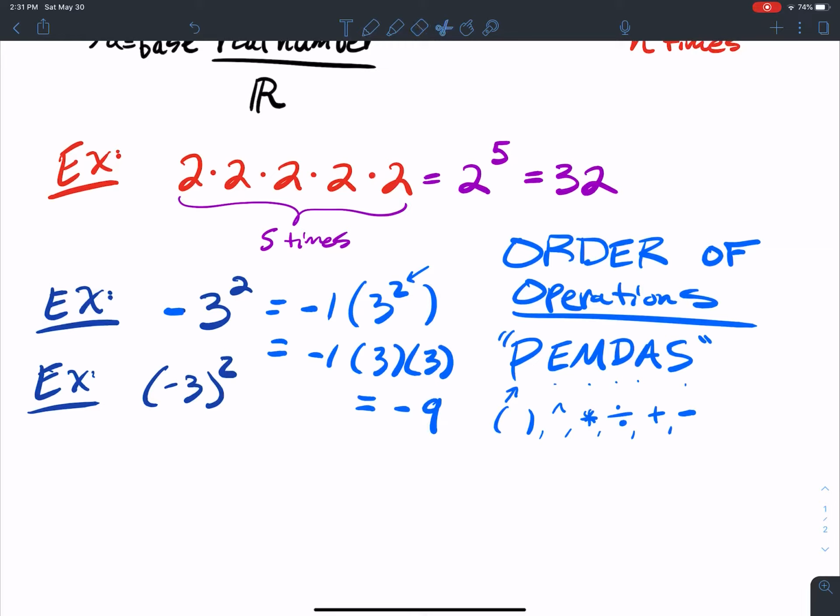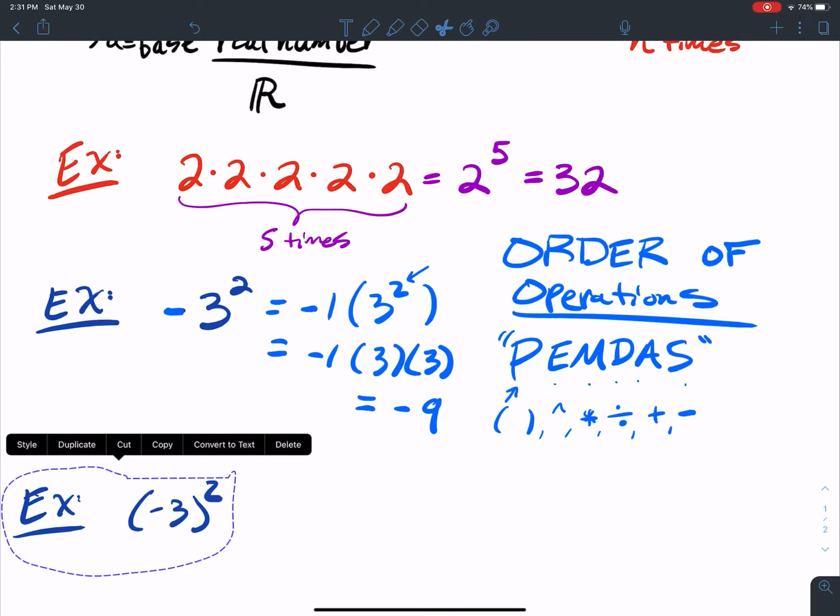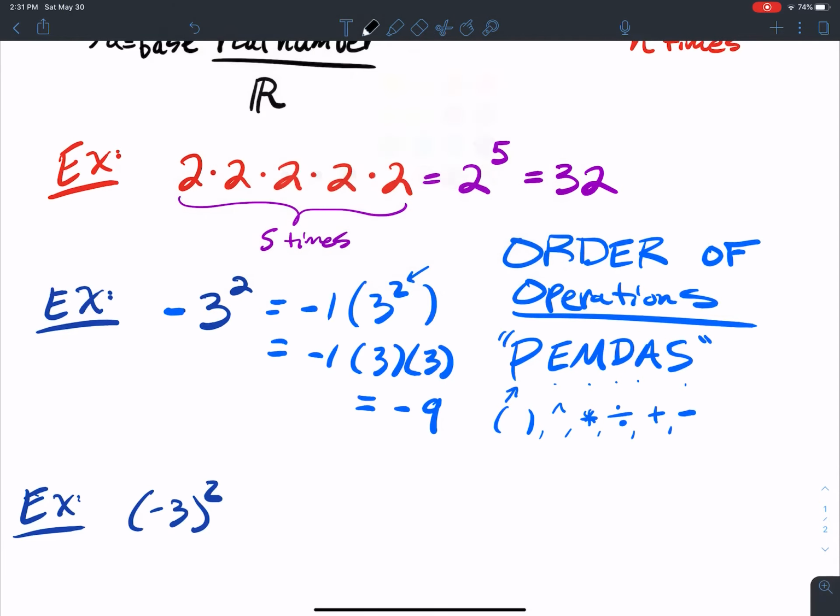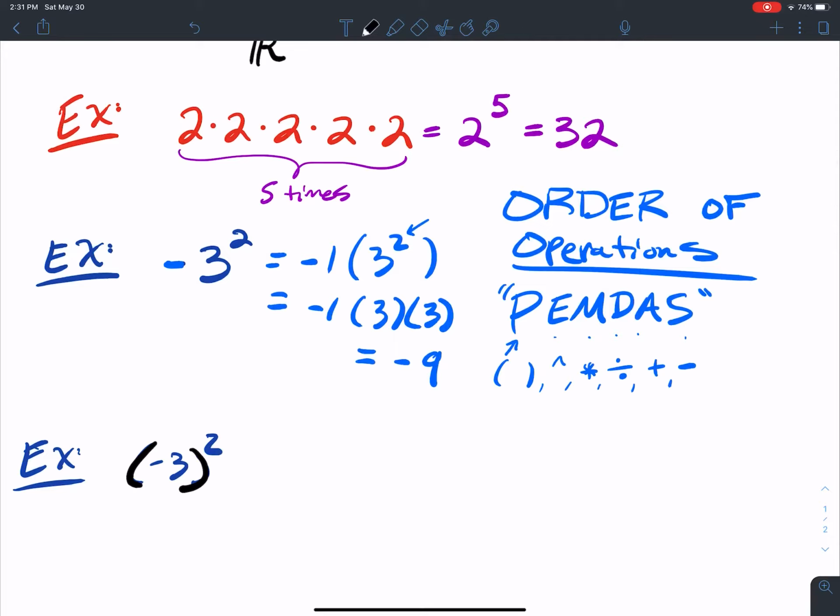Okay? So how's that different than this one here? This one here, the parentheses is around the base. So what this says is I write the base how many times? Twice. So I do -3 times -3. And what is negative times a negative? Two negatives cancel to make a +9. Okay, so those are different answers.